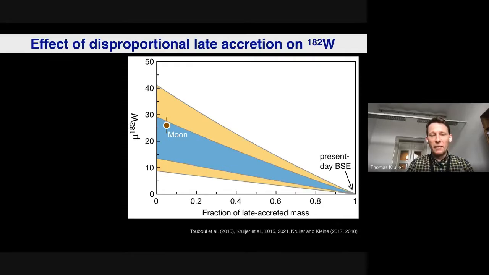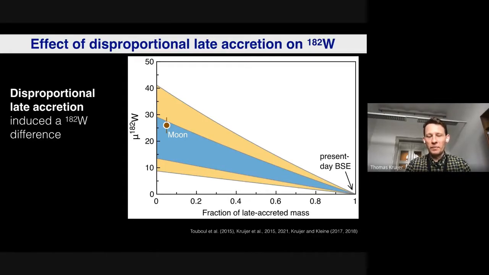This is a mass balance calculation, and this shows you the effects of disproportional late accretion on the Earth and Moon. And for this, of course, you need to make several assumptions, and therefore the result is relatively uncertain. But what you can do is take the present day bulk silicate Earth and subtract the effects of late accretion.